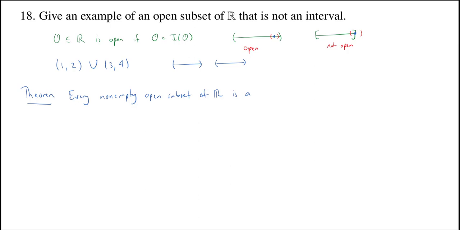You can easily write down examples, like I could, for example, do (0, 1) union (2, 3) union (4, 5) union (6, 7), and then I just keep on going forever and ever. This is an open set. It's a union of open intervals, and we know that any union of open sets is open.